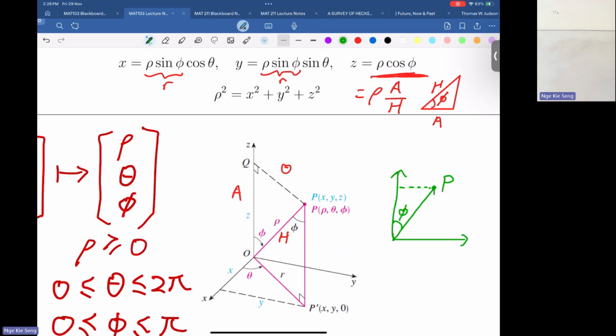And then how do you find the point P prime, which is the orthogonal projection of P? This length is exactly sine phi times the radius, which we call rho. Does it make sense?